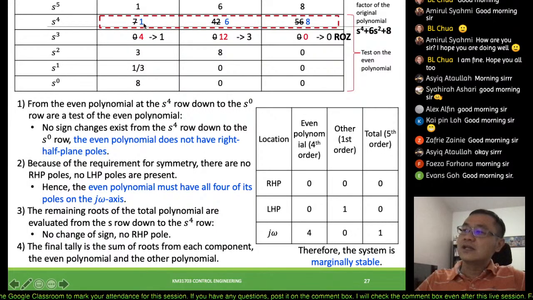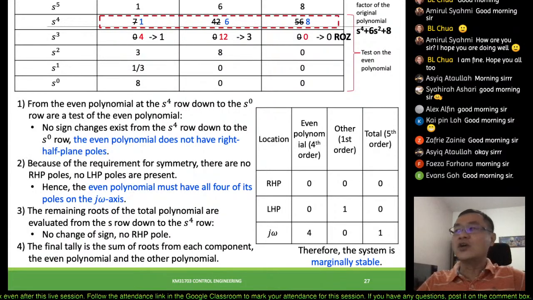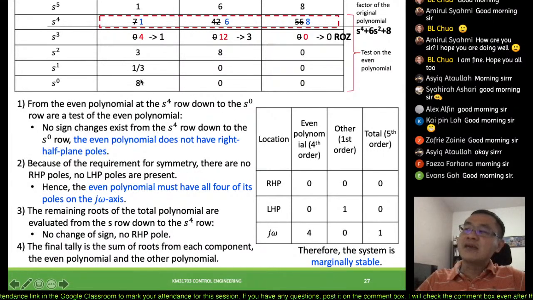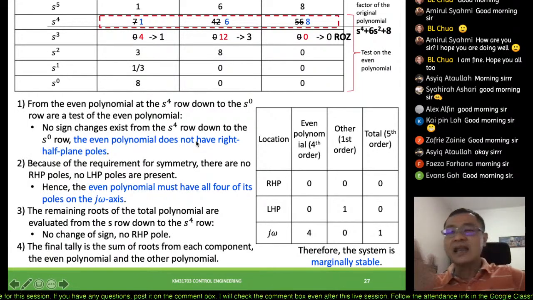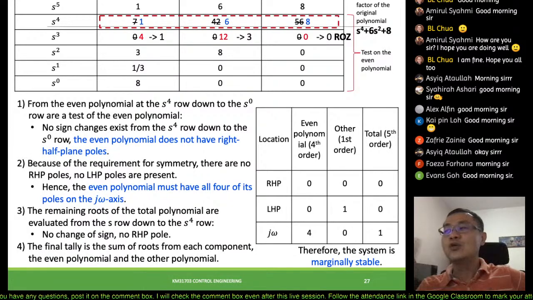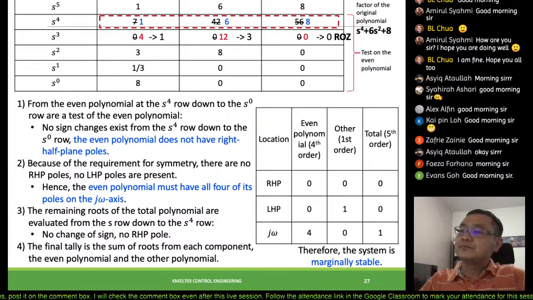So therefore we check, 1, 1, 3, 1 over 3, 8, okay, so 1, 1, 3, 1 over 3, 8. So this test itself tells us that in this even polynomial, in the auxiliary polynomial or the even polynomial itself, there is no sign change. And if there is no sign change, meaning to say everything would be on the left half plane, no right half plane, right?